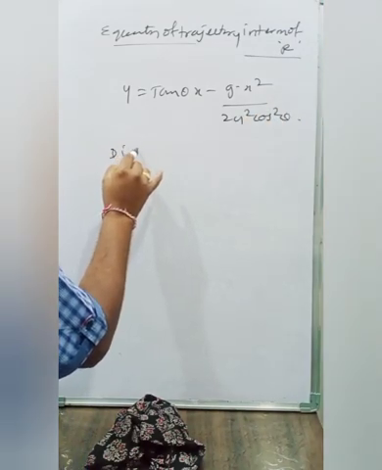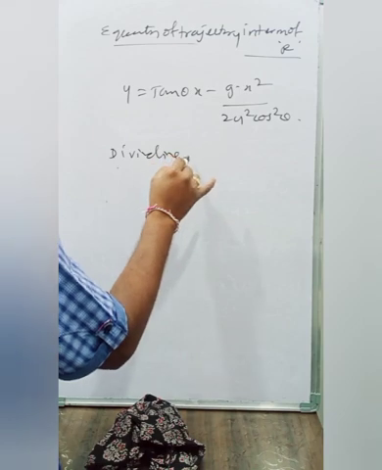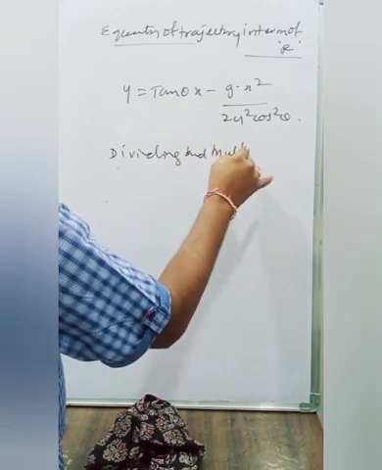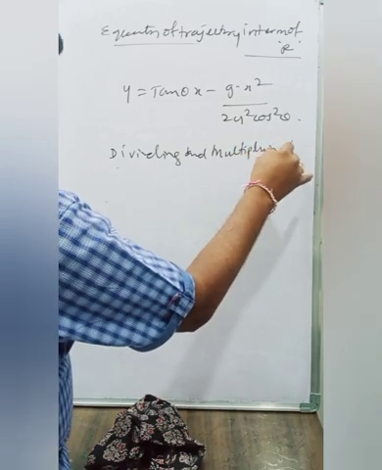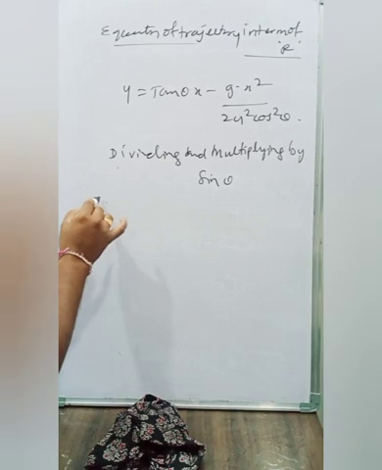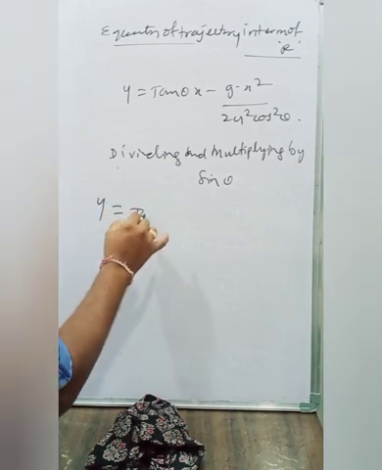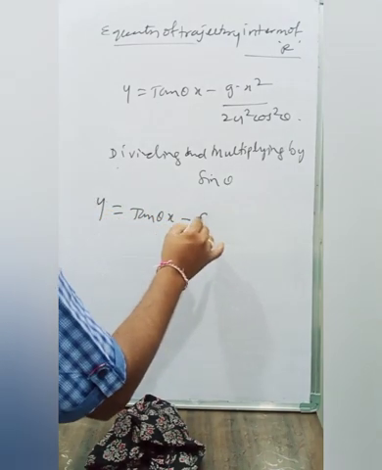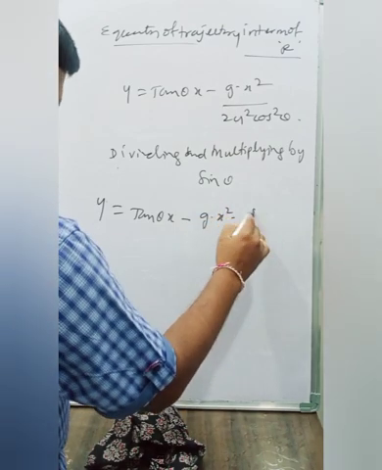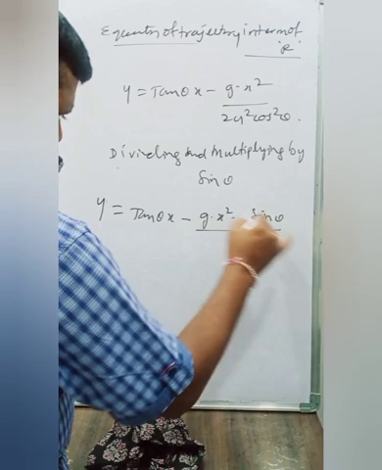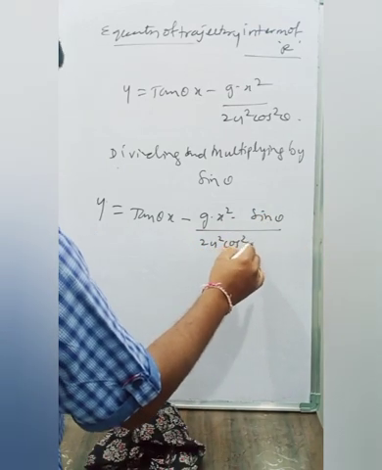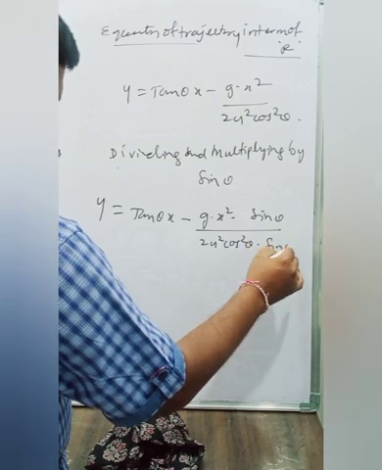Dividing and multiplying by sin theta, y is equal to tan theta x minus g x square sin theta by 2 u square cos square theta into sin theta.